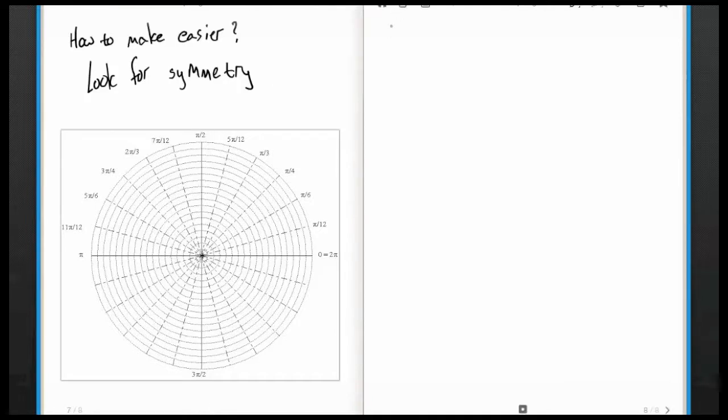So, first is symmetry about what we call the polar axis. Now, another way to think about the polar axis is we're going to call this up-down symmetry.